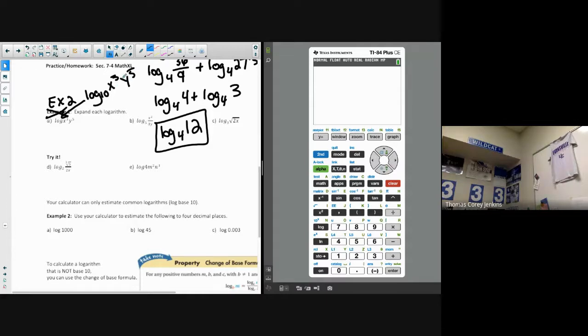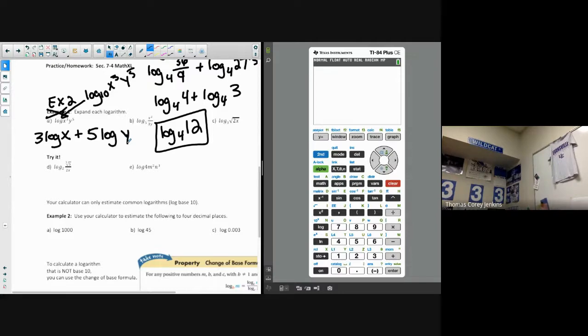So for this multiplication, we're going to add these two together, and then for the exponents, we're going to write those as coefficients, right? So the 3 goes out front. So we have 3 log x plus 5 log y.